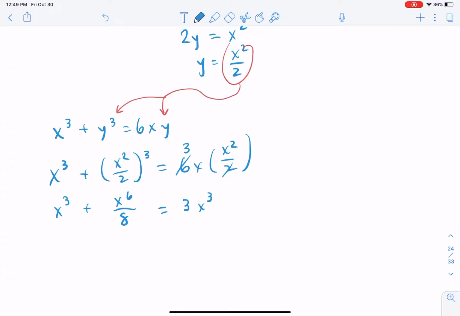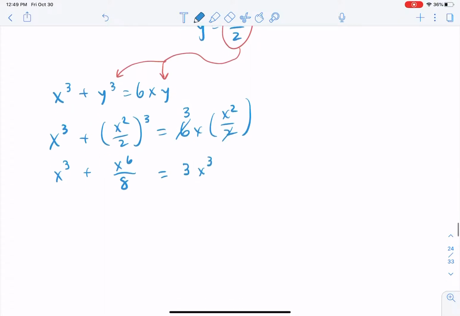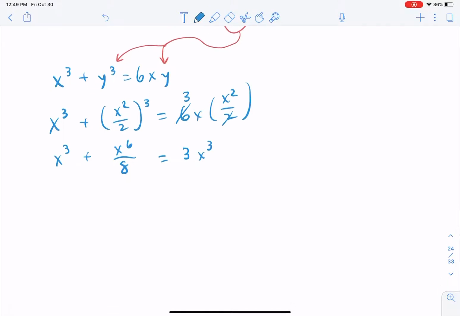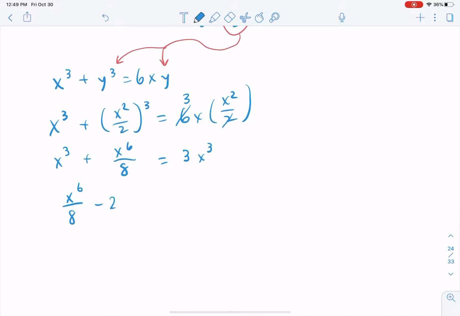That means I've got like terms, so I can combine those things up. Because this is essentially a polynomial that I have to solve, I'm going to write the x to the 6th first, since it's larger. Subtract these over, I'm going to have negative 2x to the 3rd is equal to 0.